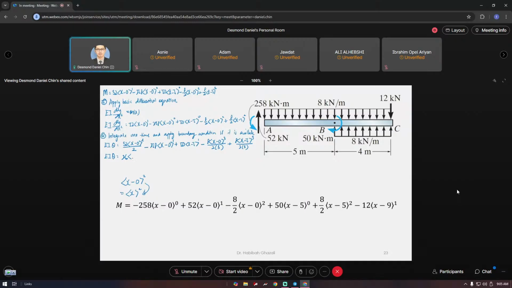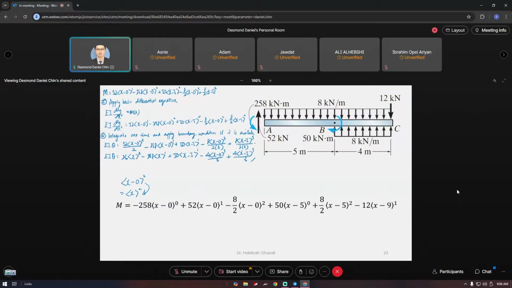So it will be simpler. So 26 x squared minus 258 x to the power of 1 plus 50 x minus 5. This one I cannot simplify anymore, because I need that 8 divided by 2, I will get 4, right? So I will get 4 x minus 0 cube divided by 3 plus 4 x minus 5 cube divided by 3. So far, so good.